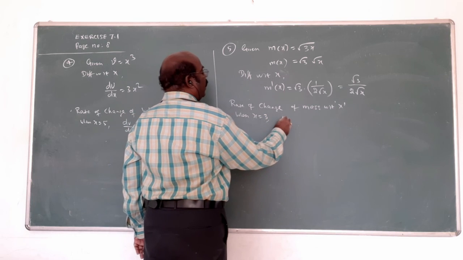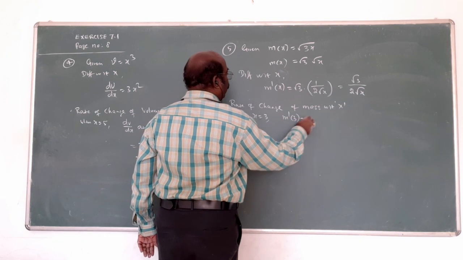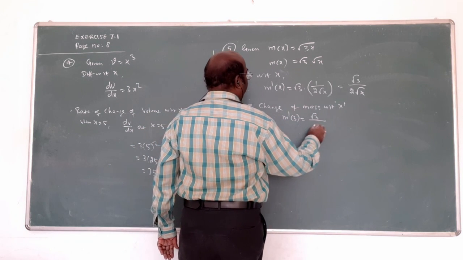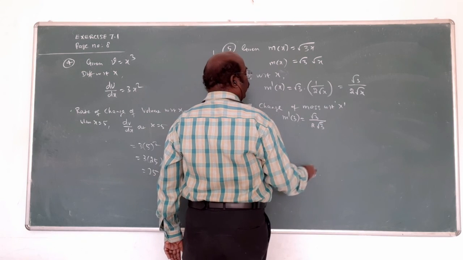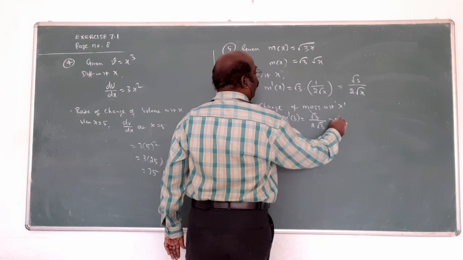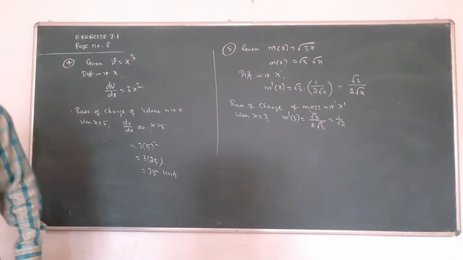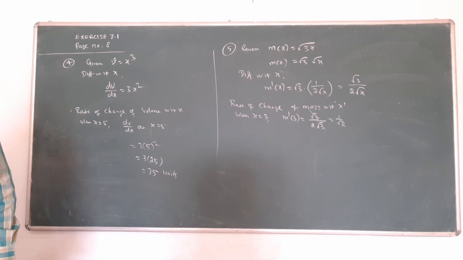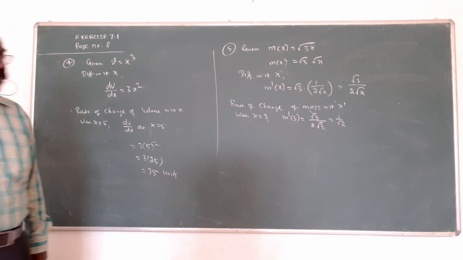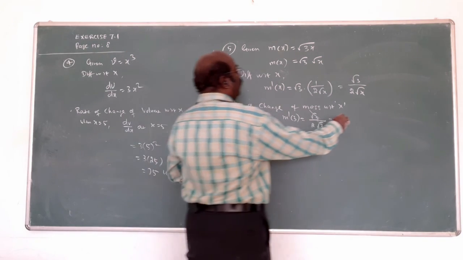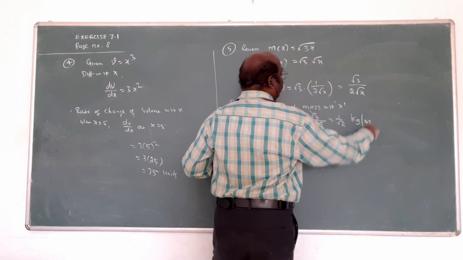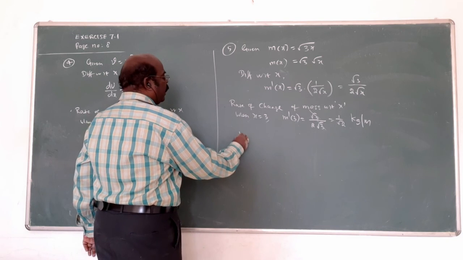Now m dash of 3 equal to root 3 by 2 into root 3, the root 3 cancels, giving 1 by root 3. Here, what is the unit actually? The mass is in kilogram and next is meter. So the unit is kilogram per meter.